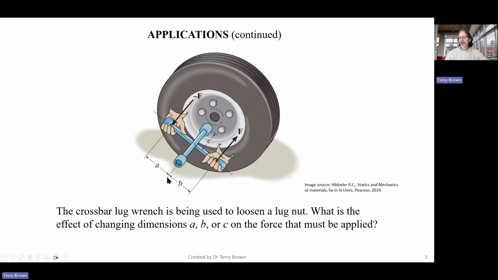If we extend these, then we'll increase or decrease the force that we need to apply. One thing that could happen is if we don't exactly have equal and opposite forces, then we have a resultant bending moment about this length. So increasing this distance here, C, will increase that bending. But anyway, that's all for future consideration.